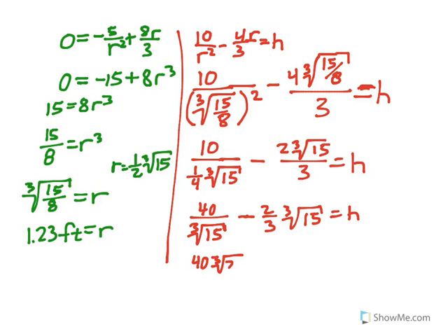Yeah, 225, divided by 15, minus 2/3 times the cubic root of 15 is equal to h. Not sure how much further we can go, we can work with this and that would still be productive. The 40 and the 15 break down into an 8 and a 3.